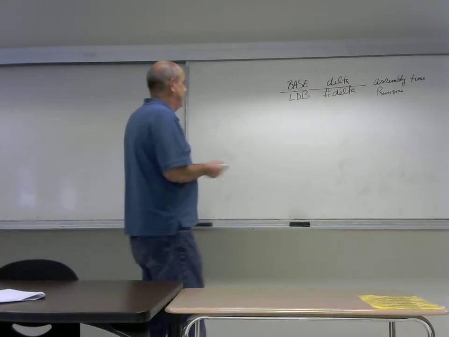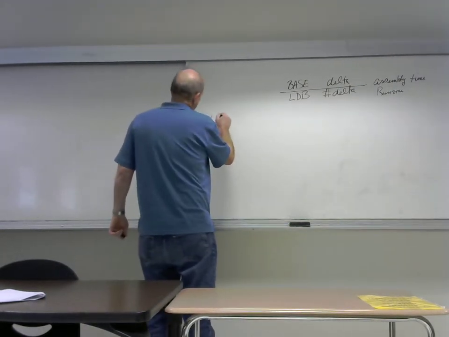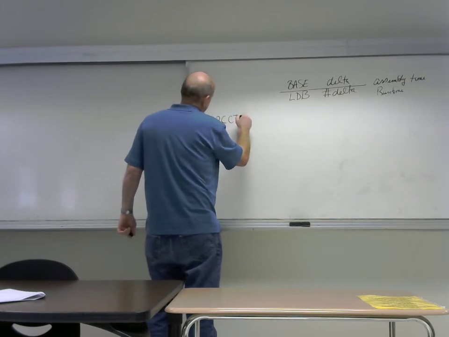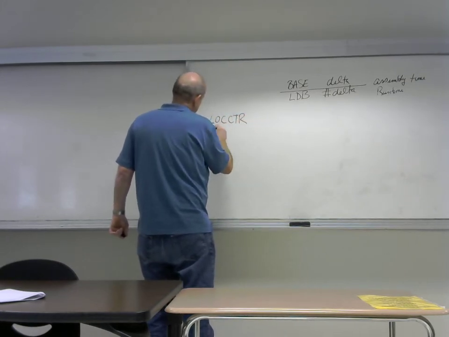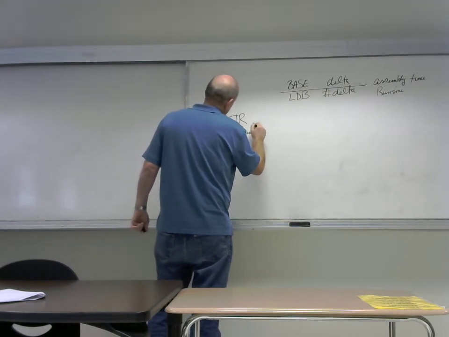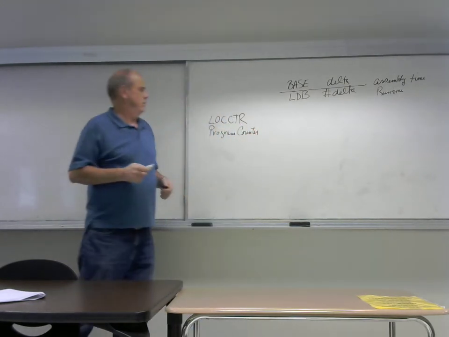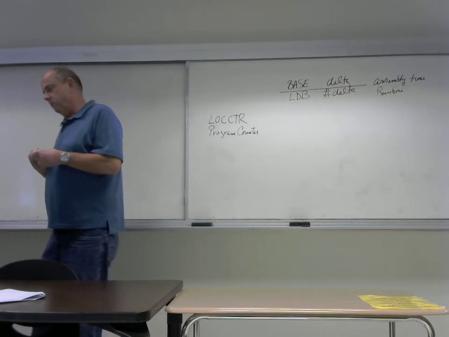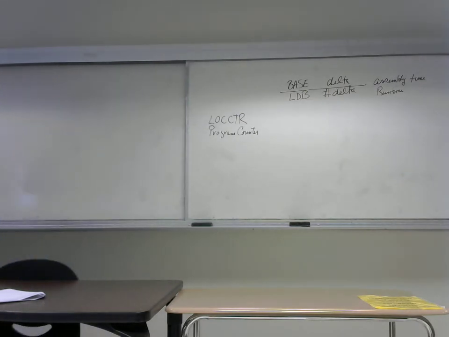There's a similar idea here with location counter versus program counter. What's the difference between those, and why does it matter? Well, the location counter is available during assembly time. When you assemble the code, every instruction gets an address.